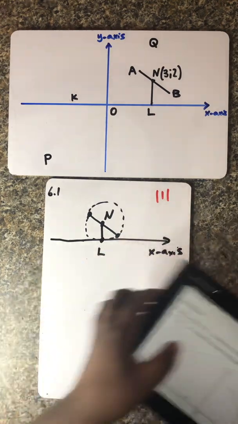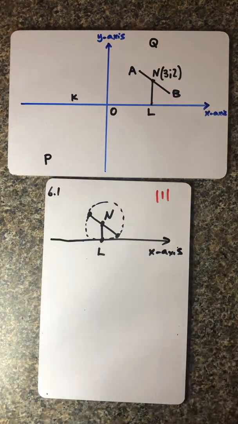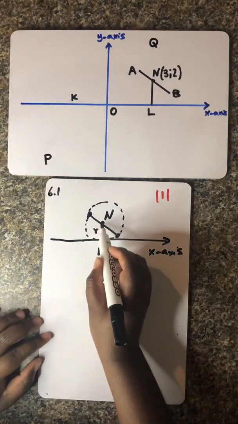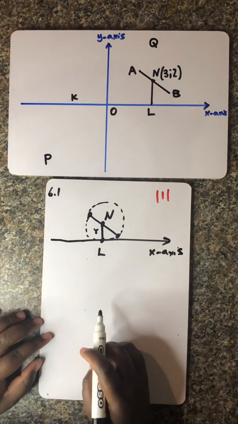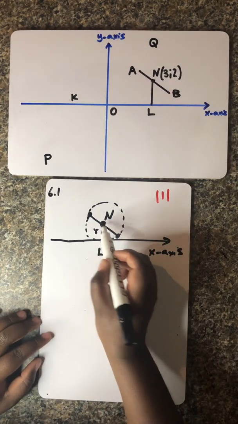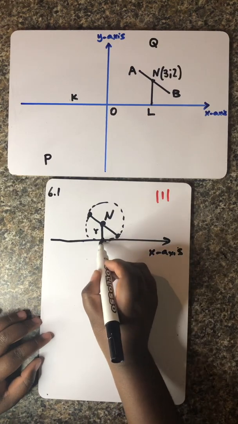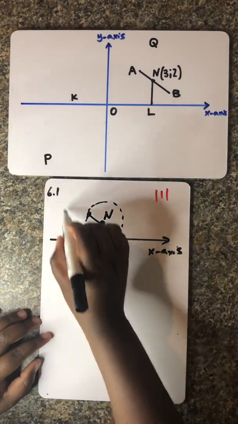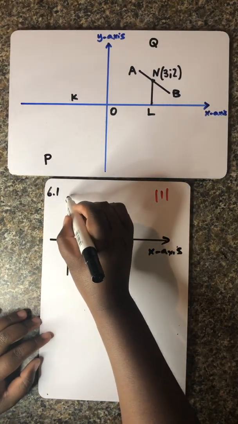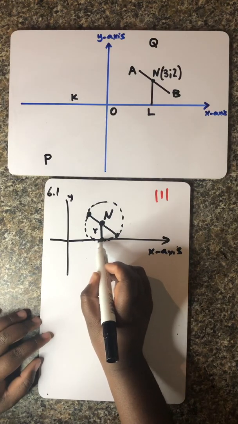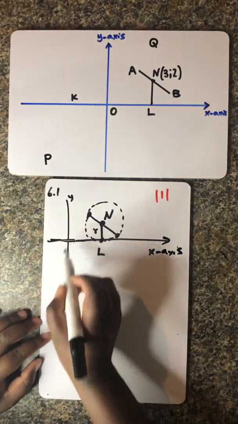Okay, so ladies and gentlemen, which means, in short, remember I've just indicated that NL is the radius. Why is it the radius? Because it's a line from the center to a point along that circle, and at the same time, that point touches the x-axis.